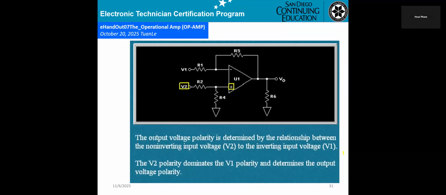The output voltage polarity is determined by the relation between the non-inverting input voltage V2 and the inverting input V1. The V2 polarity dominates the V1 polarity and determines the output voltage.